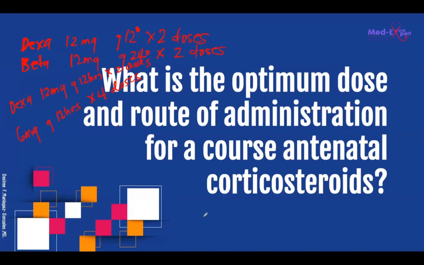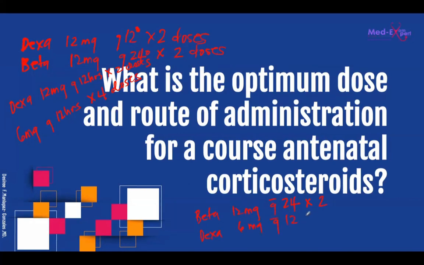It's betamethasone 12 mg intramuscular, 2 doses 24 hours apart, or dexamethasone 6 mg intramuscular, 4 doses 12 hours apart. And if it's needed, how many doses? Betamethasone 12 milligrams, 24 hours, 2 doses. And dexamethasone, it's 6 mg intramuscular, 4 doses, 12 hours.